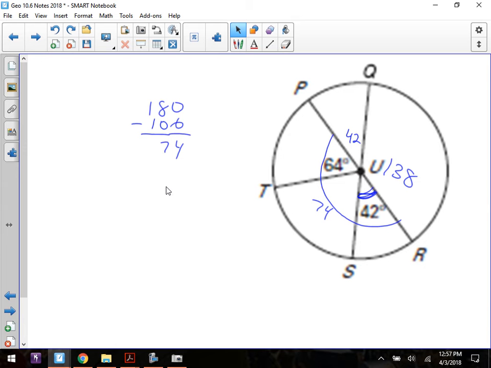So if it's RQS, then I would do 360 subtract the 42. But if you already have 2 letters, it's always implied that it's minor, and it's the shortest distance between the 2. Okay? Take a second. Try those real quick. We'll check them here in a minute.